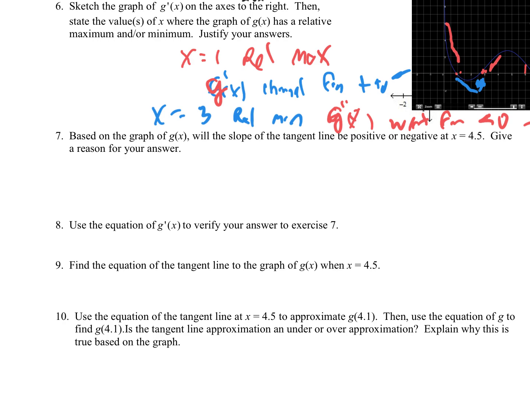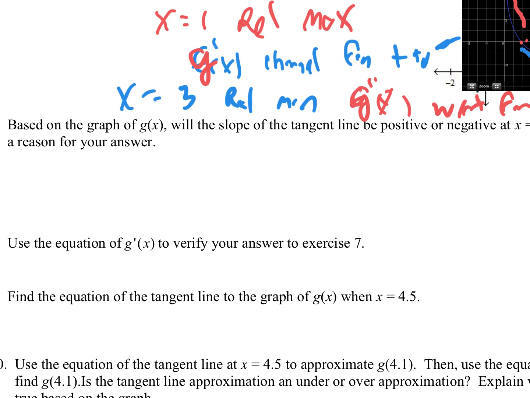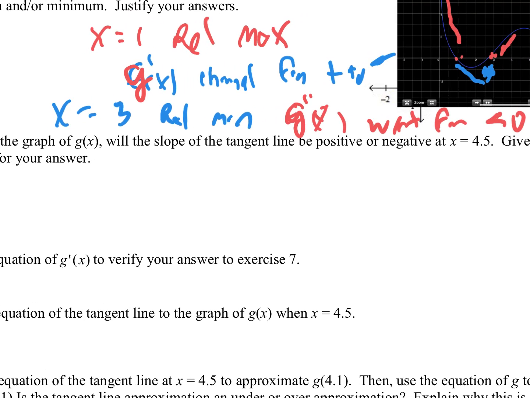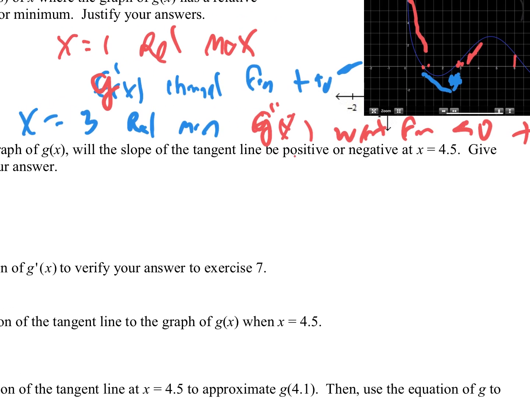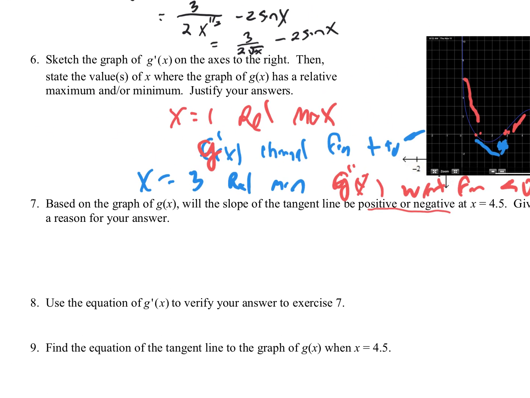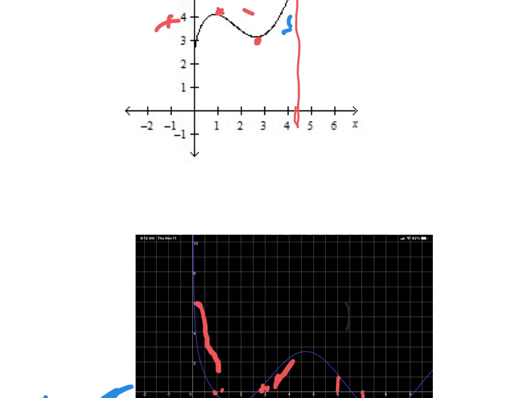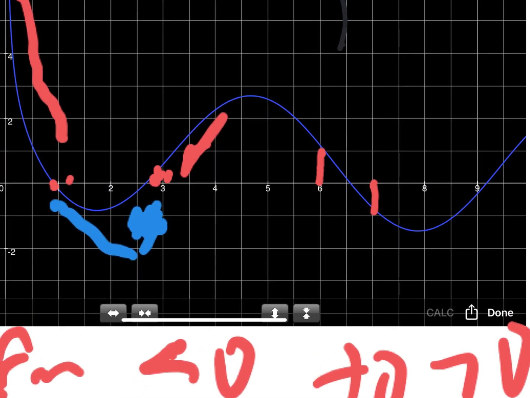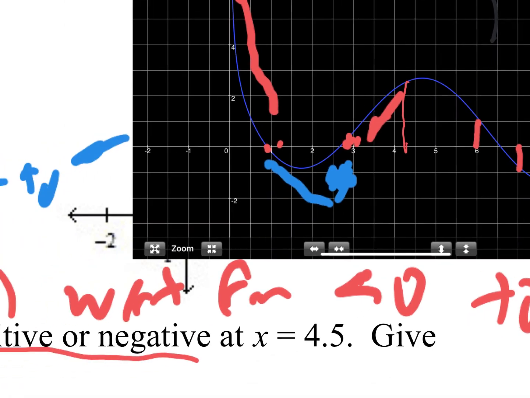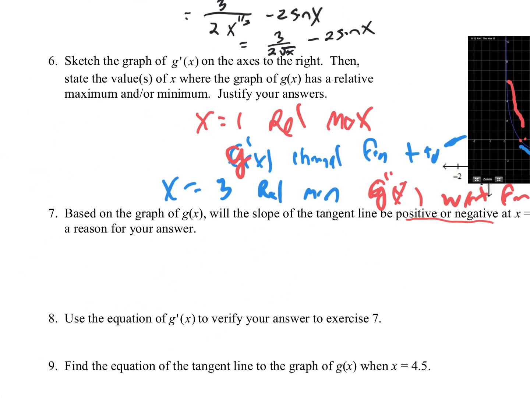Based on the graph of g, okay, that's the top picture that they did, is the slope of the tangent line positive or negative at 4.5? So if I'm looking at g at 4.5, obviously the slope is positive. Compare it to the derivative, 4.5. It's also above the graph. It's above the x-axis, so it matches up perfectly. Justify your answer.